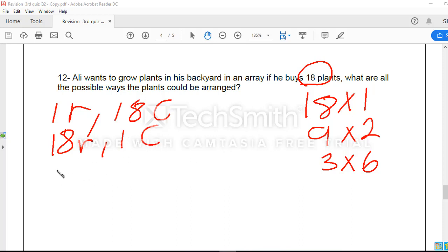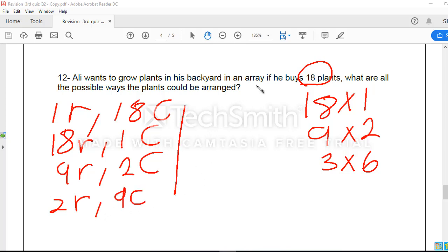The second one here, 9 rows, comma, 2 columns, or the opposite, 2 rows, comma, 9 columns. The last two here, 3 rows, comma, 6 columns, or 6 rows, comma, 3 columns.